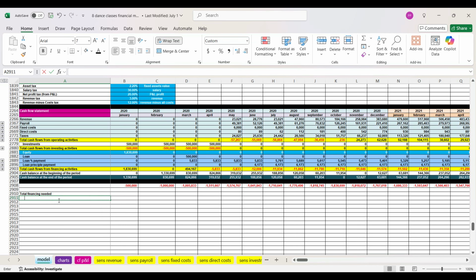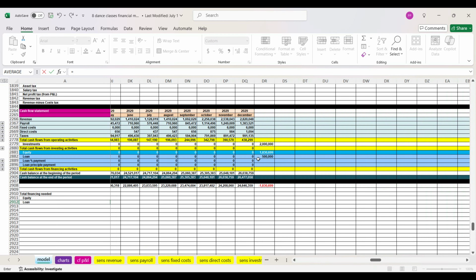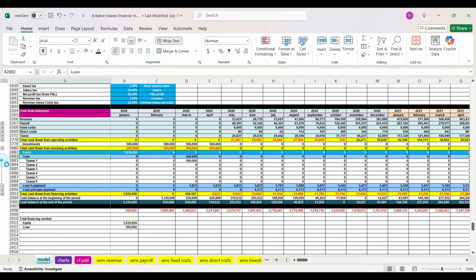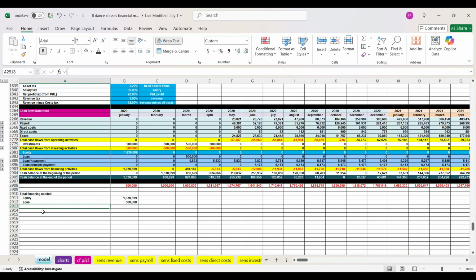It will consist of equity and loan. Equity will be this value, loan will be, we will take the totals for the loan amount line. This line gives us the totals for a couple of loans that we may add to our project. So the total financing that we will need will consist of equity and loan.